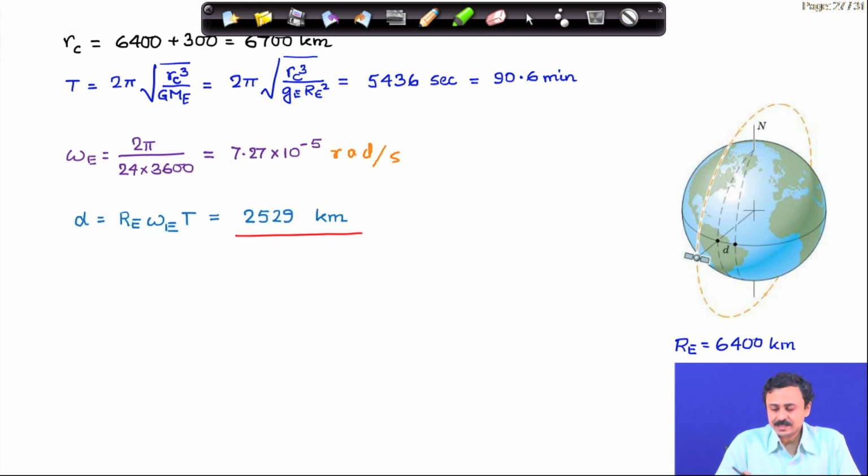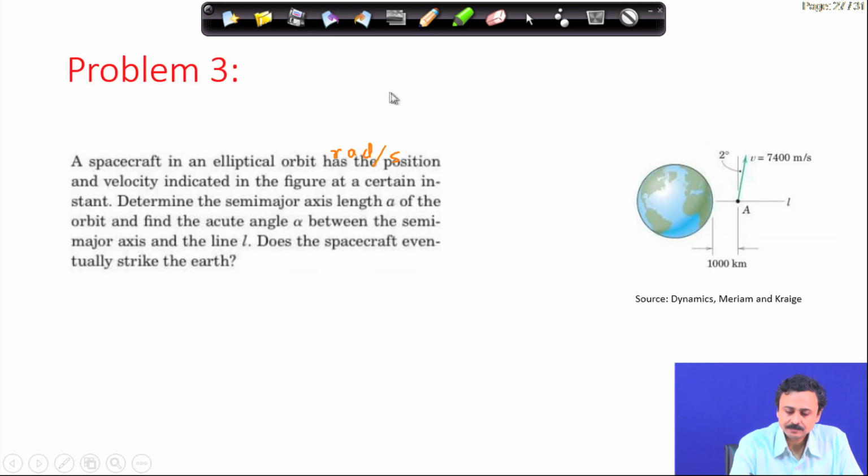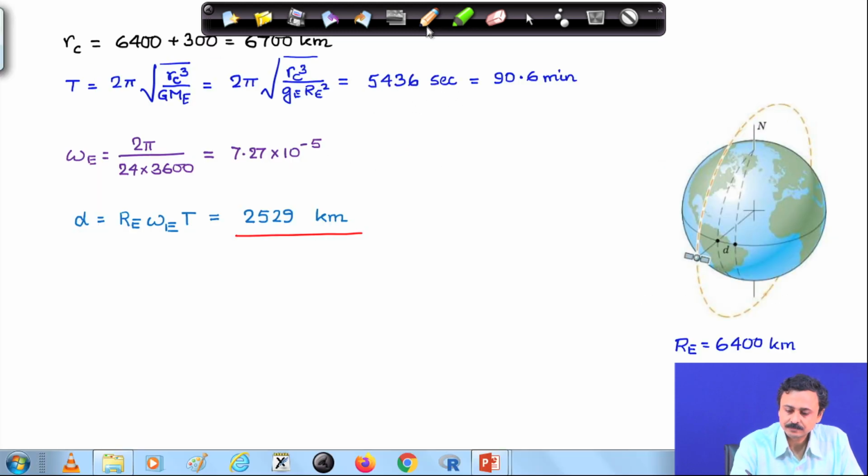Now, the distance will be, in these many seconds, therefore, how many radians has the earth moved, because the satellite will come back to the same point after 5436 seconds.